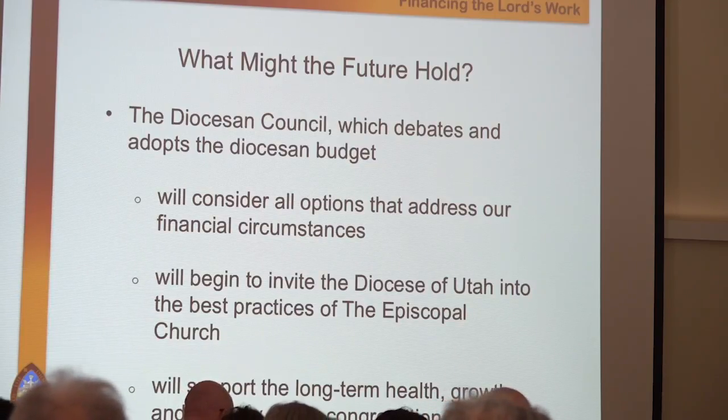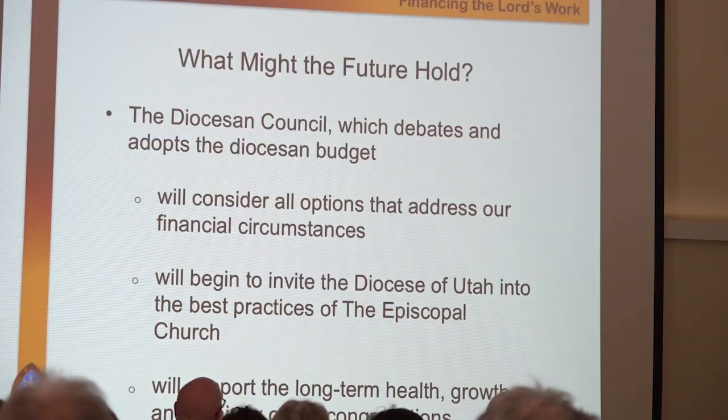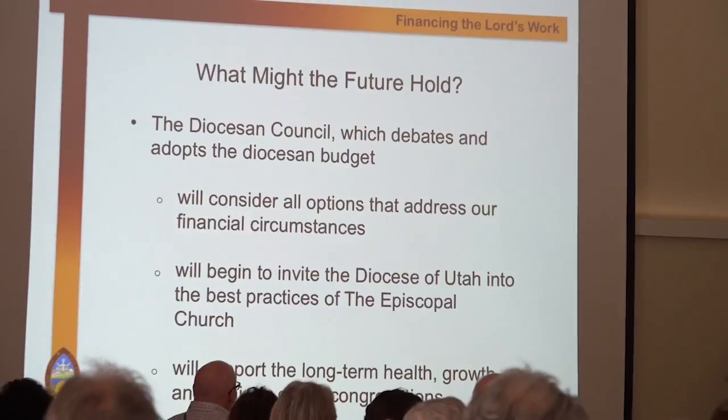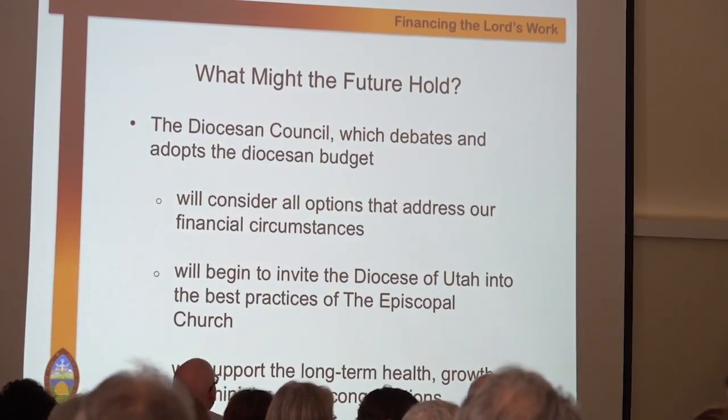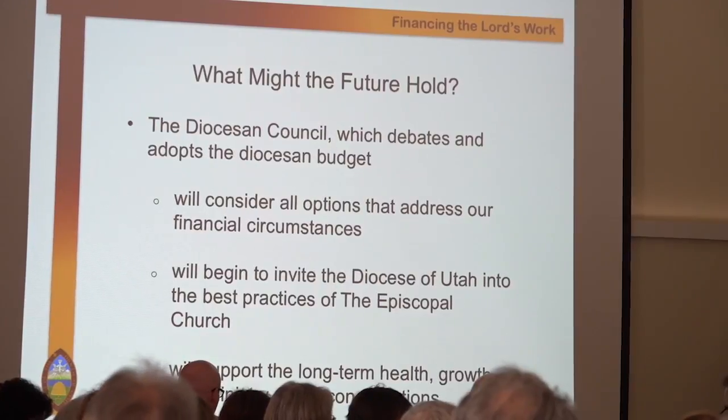They will begin to invite the Diocese of Utah into the best practices and the norms of the Episcopal Church. And our council will support the long-term health and growth and ministry of our congregations, because that's why we're here.